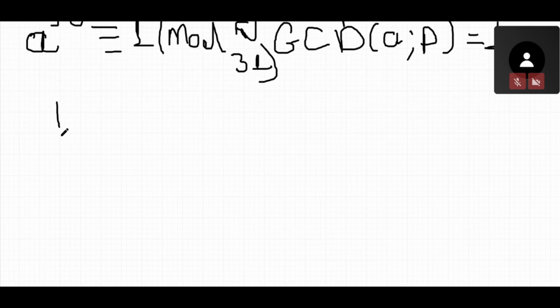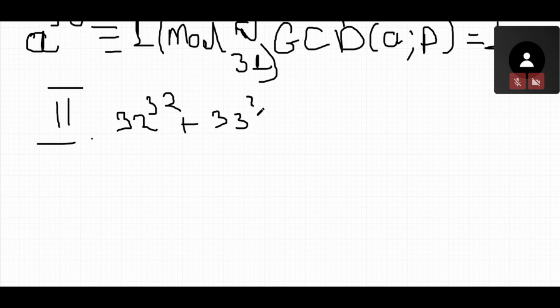Our second group will be like 32 power of 32 plus 30 plus 33 power of 33, and it will go like that.